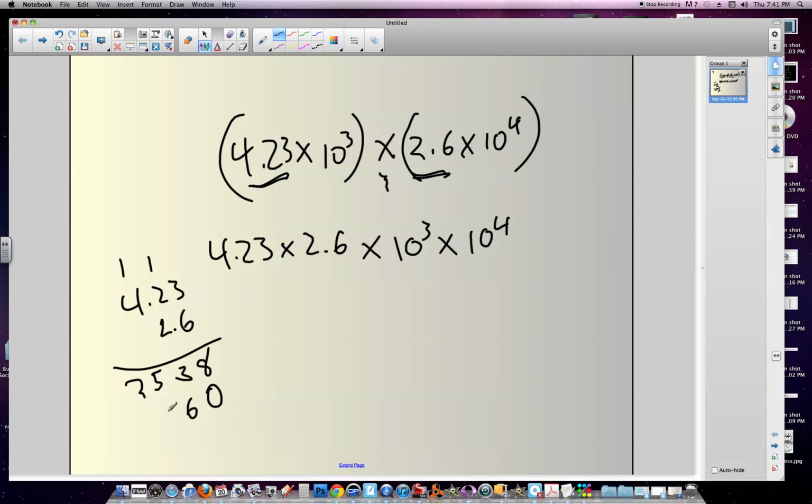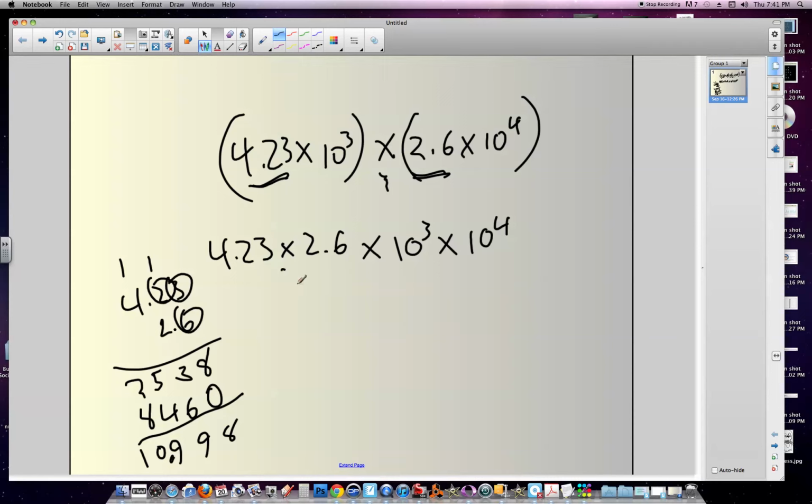So 6, 4, 8, right? 2 times 3 is 6, 2 times 2 is 4, 2 times 4 is 8. And now I add this together and I get 10.998... 89901. And now there are 1, 2, 3 digits to the right of the decimal. So my decimal needs to go here.